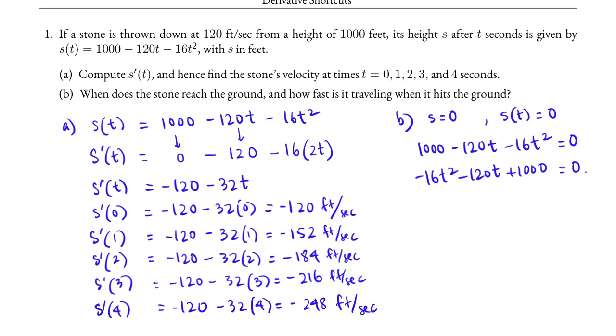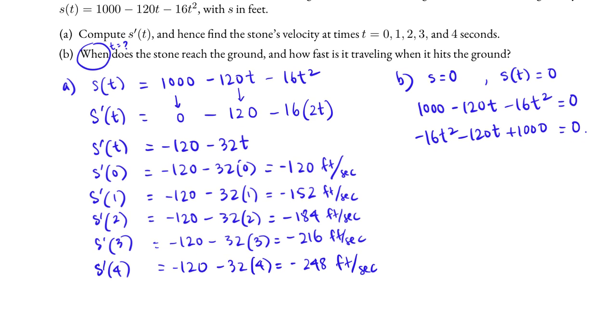We can solve for t to answer the question when. When is the question that is asking us to find the time. We can solve for t in this case using the factoring method or using the quadratic formula. If we were to use the quadratic formula, then t equals negative b, which is negative 120, plus or minus the square root of b squared. b is negative 120, we square it, minus 4 times a, which is negative 16, times c, which is 1000.